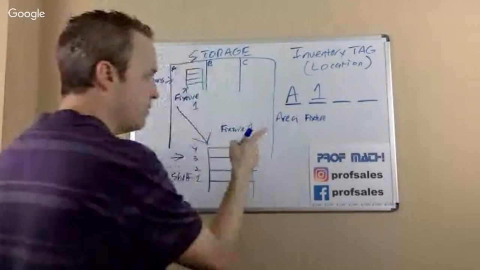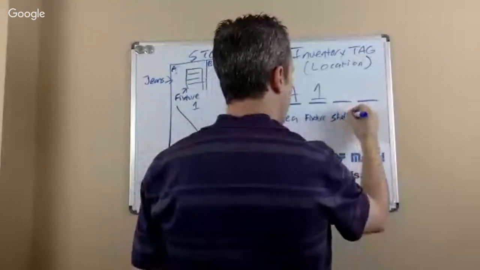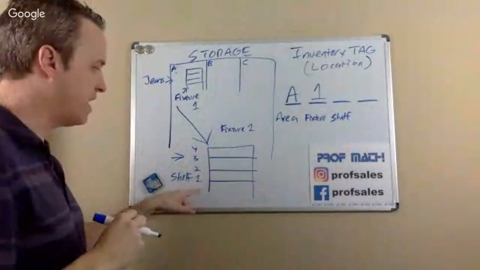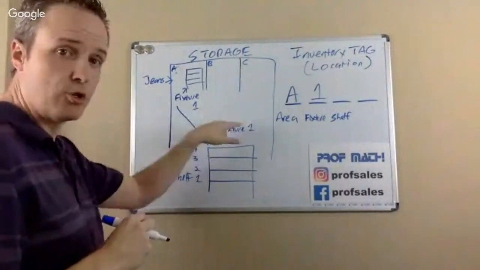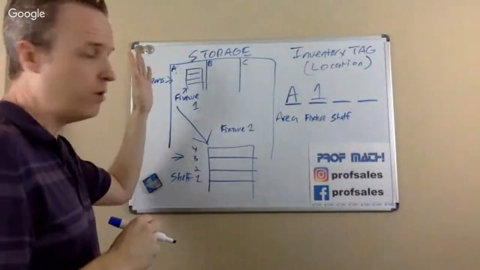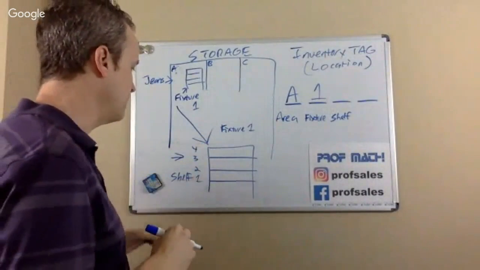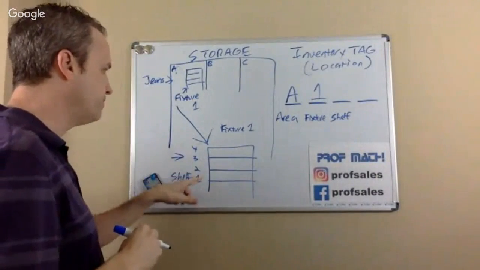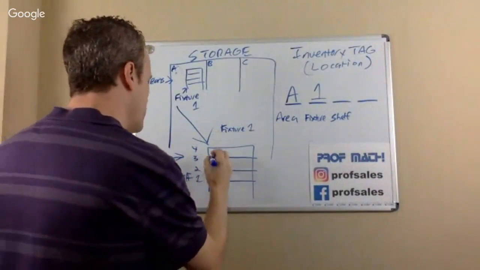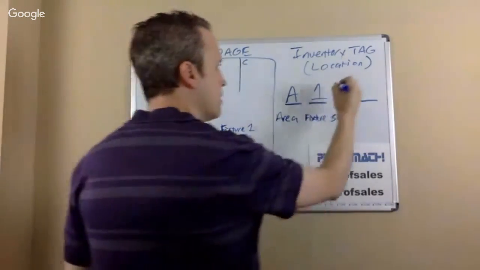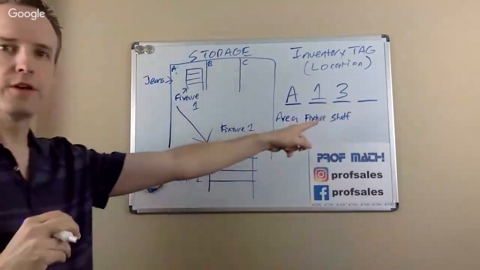So now we've got our fixture, and it doesn't matter if you count up or down really on this, but I like to count up, so that way if you add extra shelves on top, you can just add another number. Obviously, you can't keep going down with them if you started at the top. So I usually count from the bottom. So we'll say that our item is on shelf number 3. So there's the third part of our tag, all right?